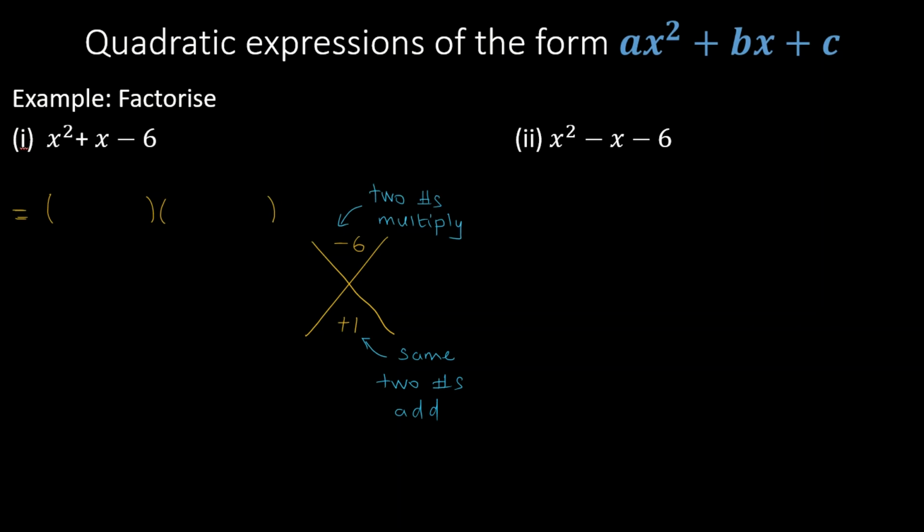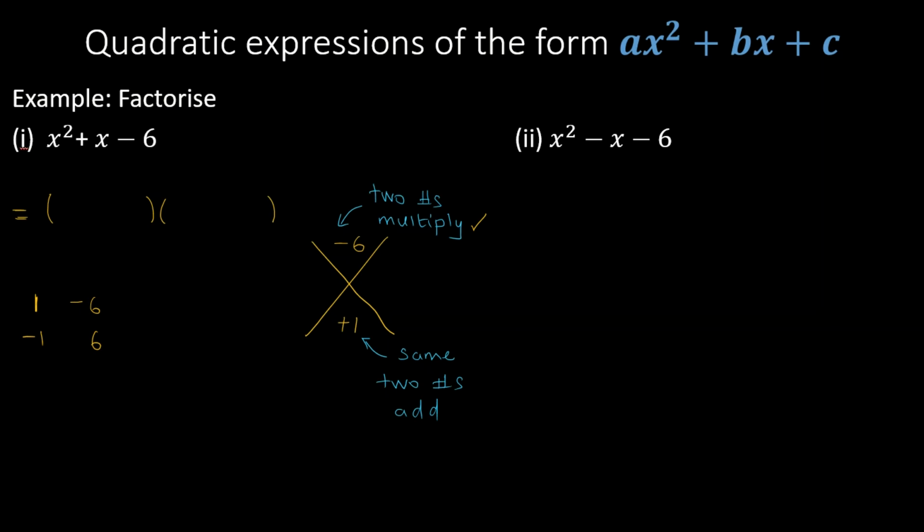Let us consider multiplication first. What are the two numbers which when we multiply give negative 6? We have 1 times negative 6. Yes or no? Oh, we have negative 1 times 6.